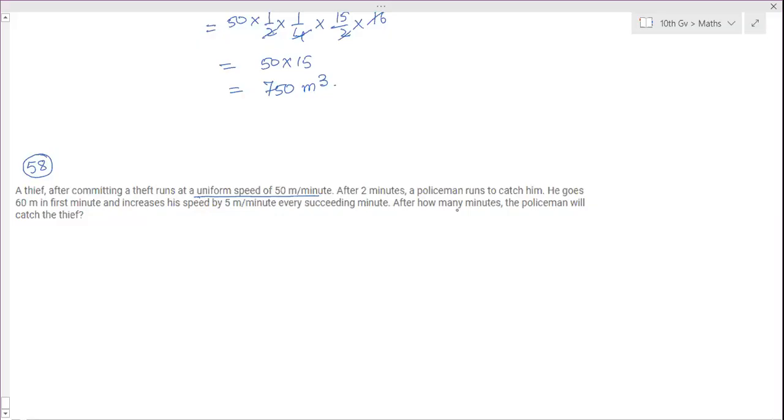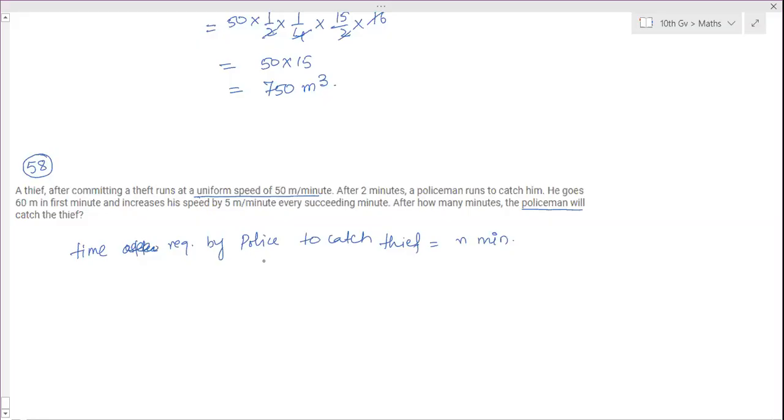So after how many minutes will the policeman catch the thief? The policeman's time duration we have to calculate. So we will consider the time required by the police to catch the thief as n minutes.